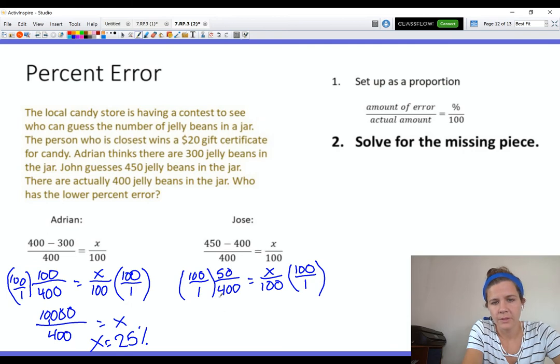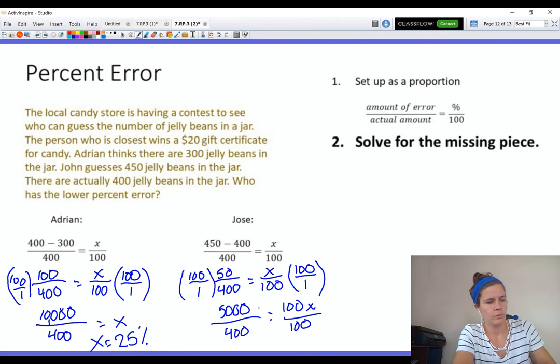Okay, 50 times 100 is 5,000 over 400 equals 100x over 100. 5,000 divided by 400 is 12.5.